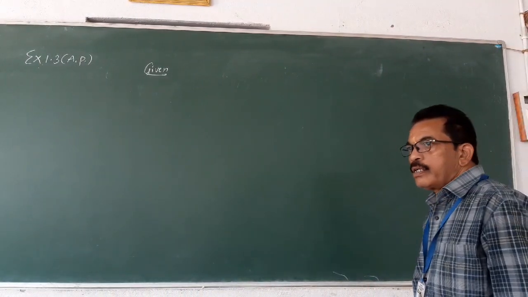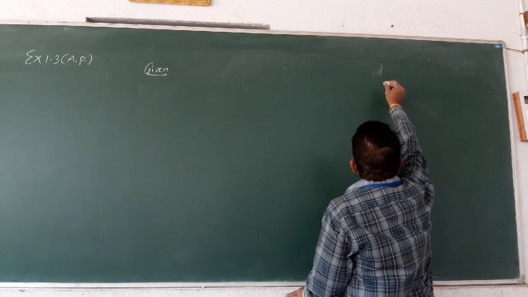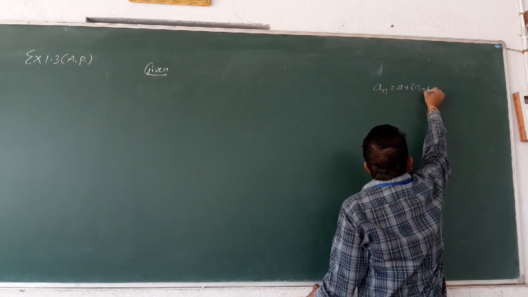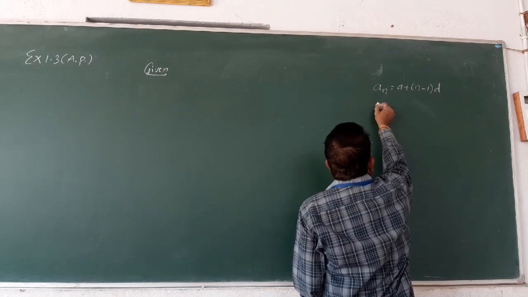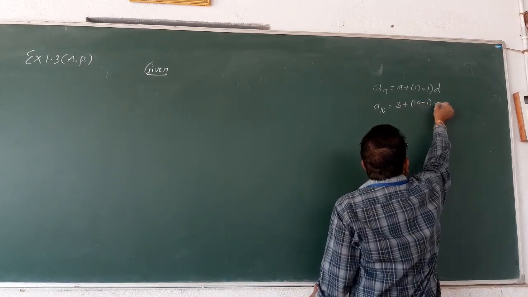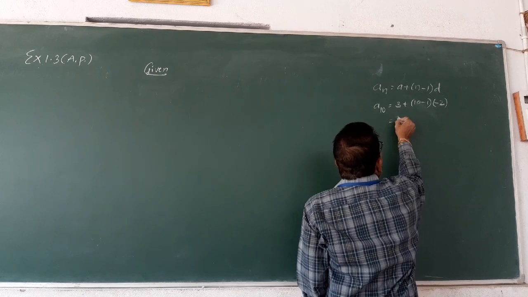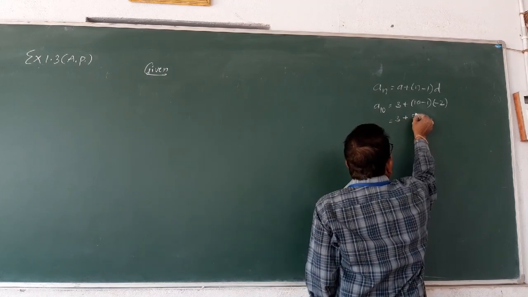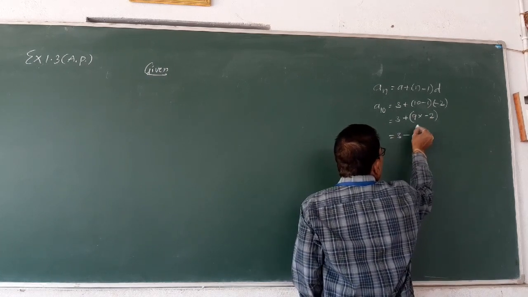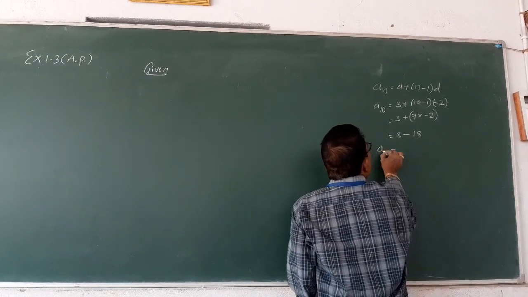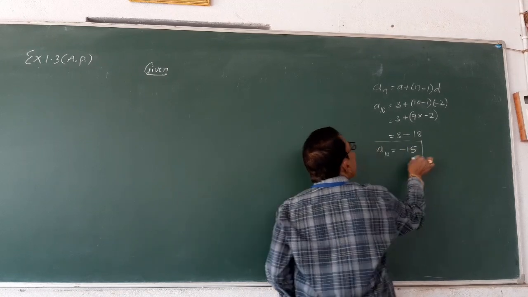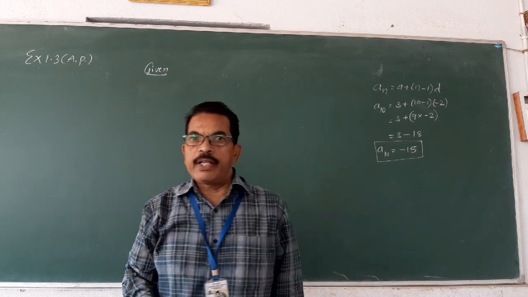In the remaining term, yes, a10 we have to find. a10, an equals a plus n minus 1 into d, 3 plus that is equal to 3 minus, therefore a10 equals minus 15. a10 equals minus 15.